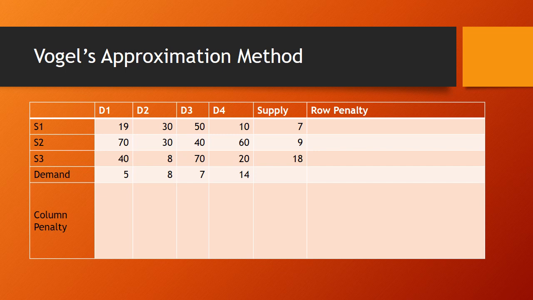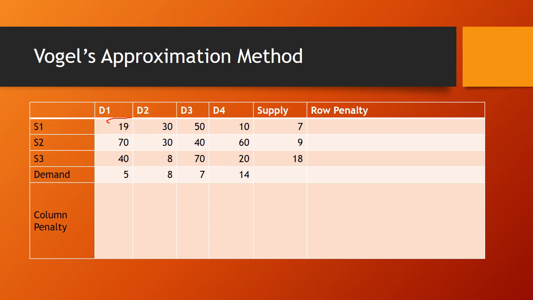So how to choose the cell, how to solve this, let's see now. Firstly we have to identify the least value in each row and each column. For example, let's see the first row, S1. What we have to see in this row is which is the least value and which is the second least value.